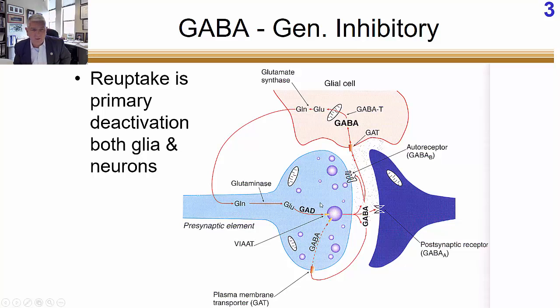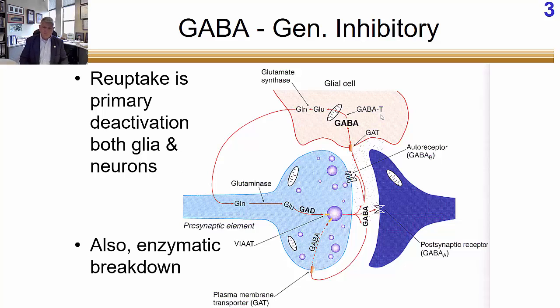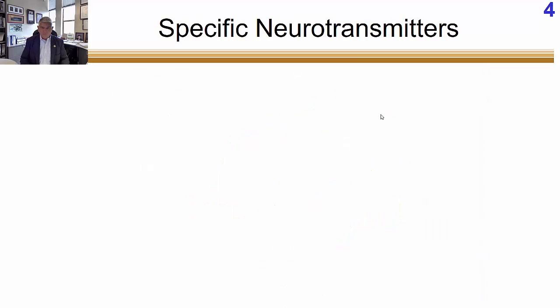So the primary deactivation is reuptake through the GAT transporter protein here in the axon terminal, or absorption by glial cells, and then that GABA can be recycled in both cases. There also is some enzymatic breakdown, but the primary deactivation is reuptake.